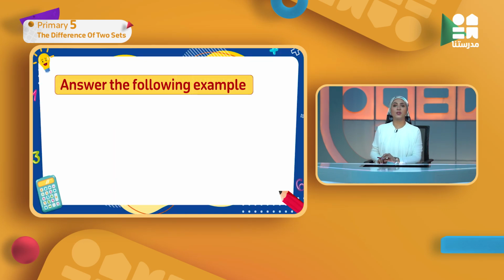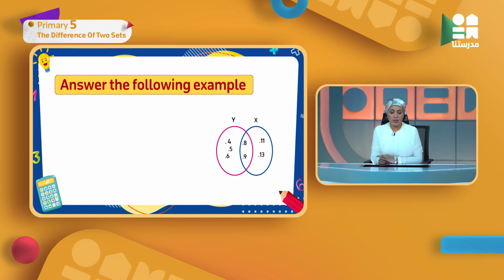Now, answer the following examples. Here, the first example. Y and X, two sets, they intersect in 8 and 9. And the elements of the set Y are 4, 5, 6, 8, and 9. And the elements of the set X are 8, 9, 11, and 13.